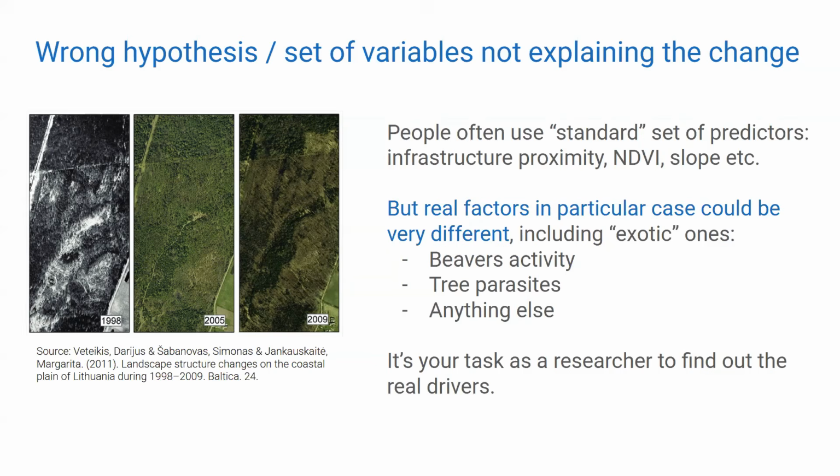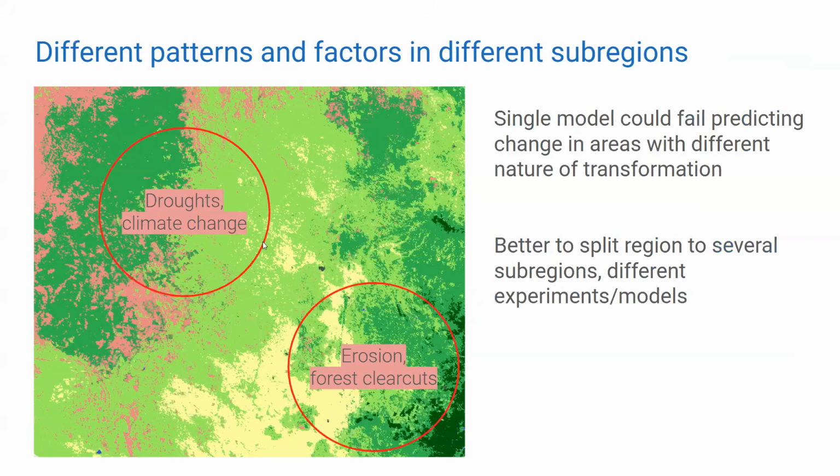But real factors in particular case could be very different, including exotic ones, for example, beavers activity or tree parasites or anything else like that. And it's your task as a researcher to find out the real drivers and to put them into MOLUSCE to calculate statistics and to train the model. There is no magic, unfortunately.